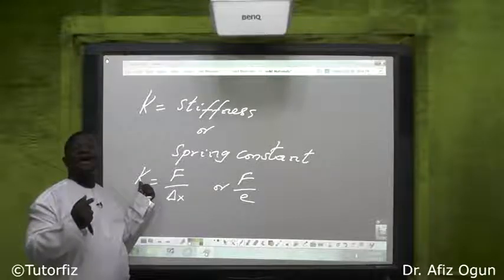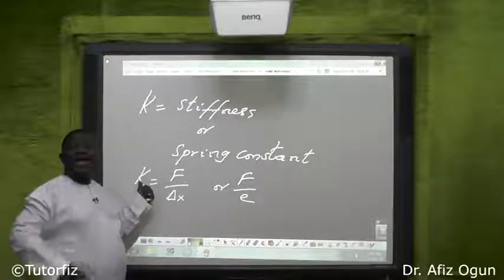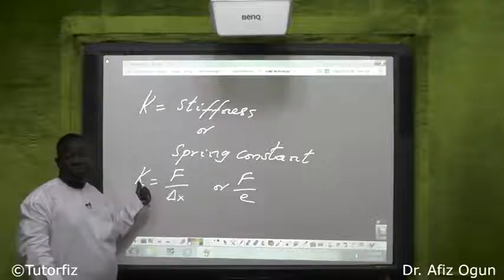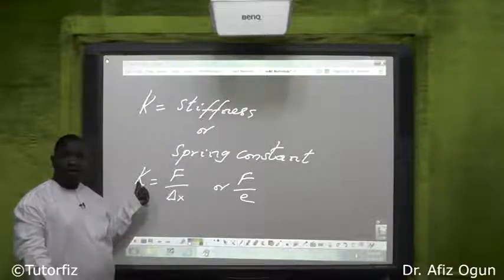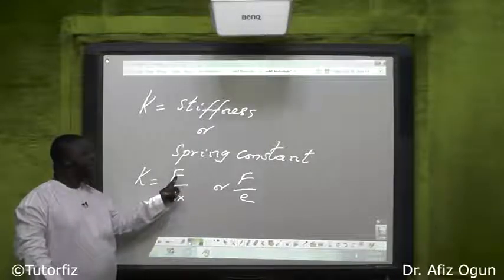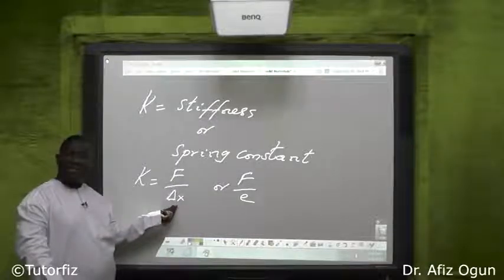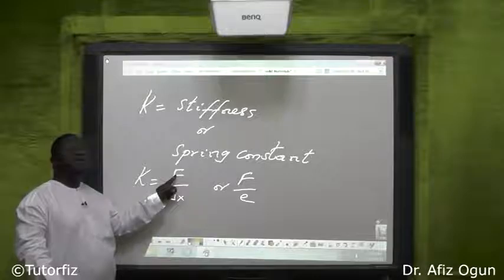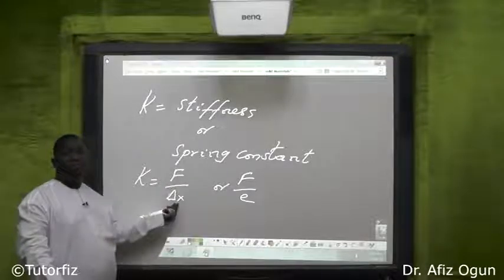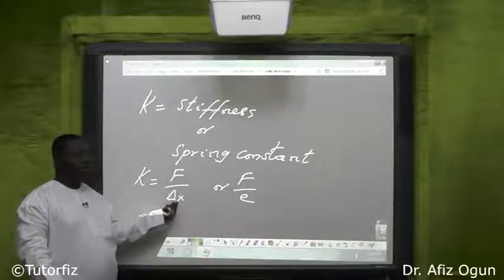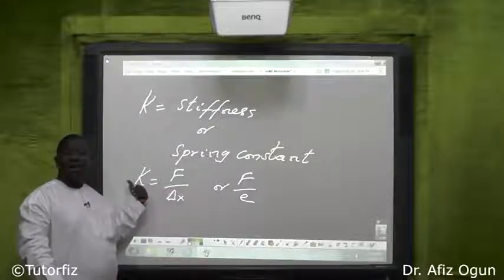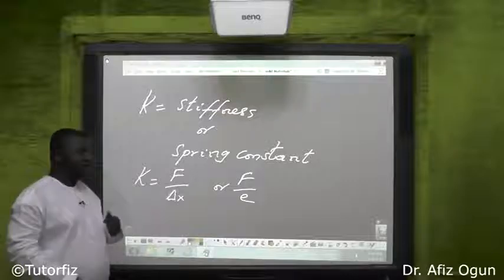The stiffness is high. A very stiff spring or wire with a very large amount of force will give a small extension. Mathematically, if you divide a very big F by a small denominator, you get K to be big. So that means the body is very stiff.